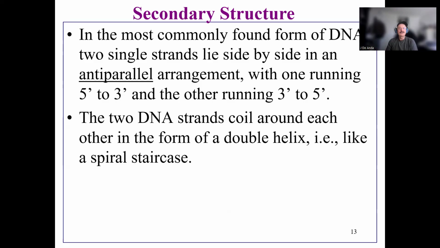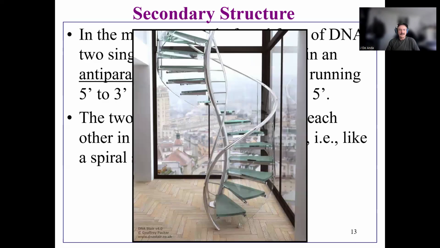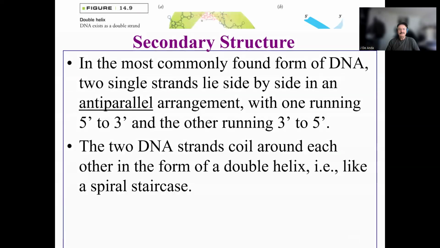They coil around each other in the form of a double helix. And probably the best illustration I can get you of what this means is like a spiral staircase, like this one here. Notice that if you see the handrails, well, that would correspond to the sugar phosphate backbone of the DNA strands, and then the steps would represent the base paired bases inside that double helix.